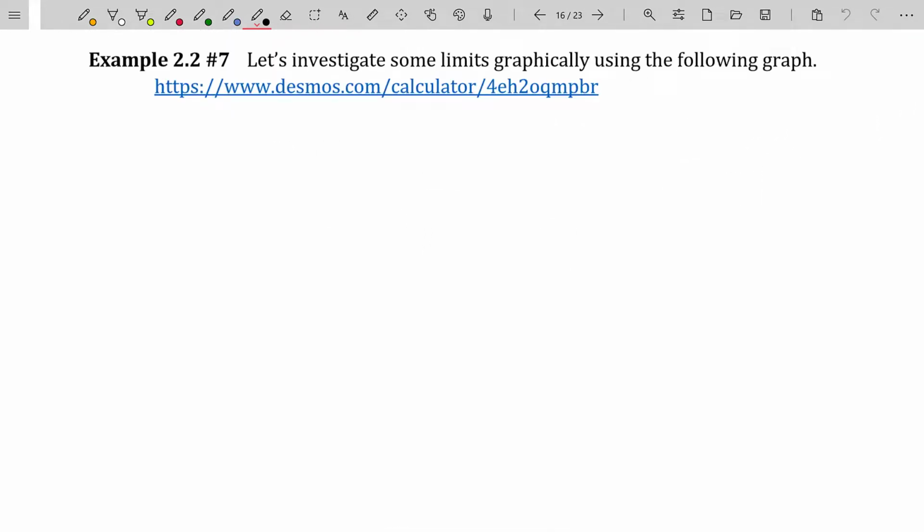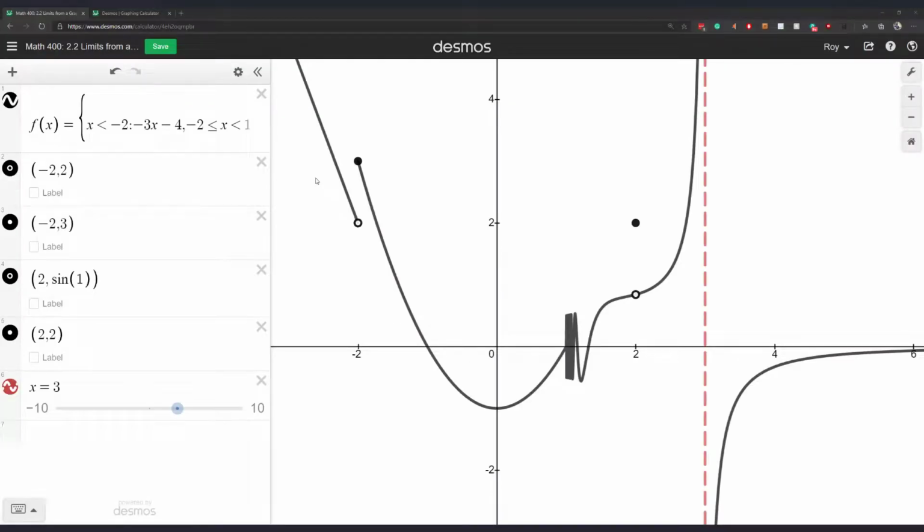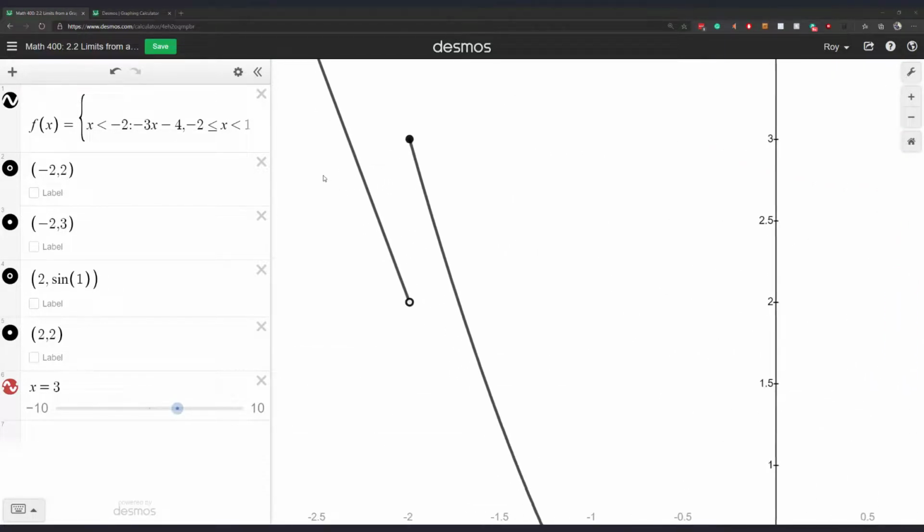Now, using that information, let's investigate limits graphically again to pull together this and previous concepts. Now that we have a little more limit technology under our belt, we can look at stuff like this up here.